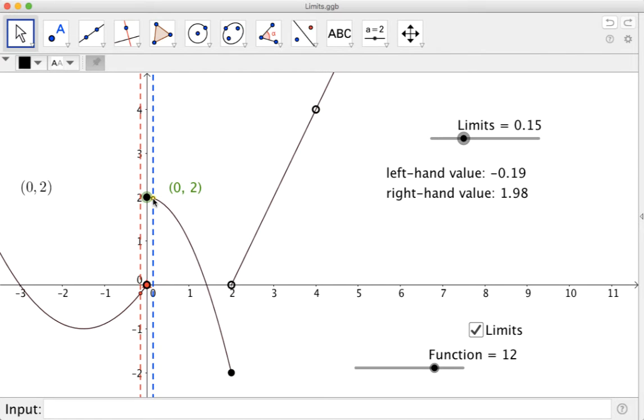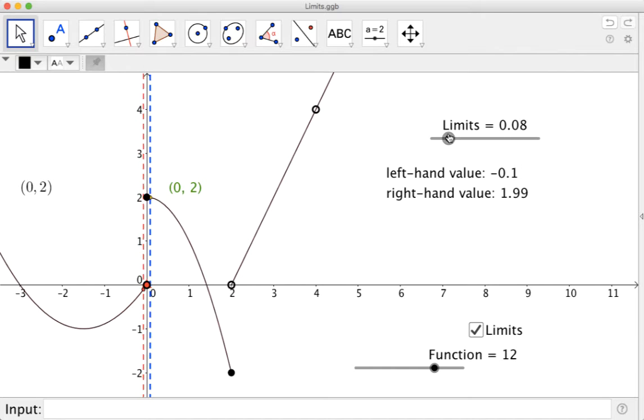So the yellow point here has a value of 1.98, getting closer and closer to 2. And the red point here has a value of negative 0.15, getting closer and closer to a value of 0. What that means is that the left-hand limit of this function at x equal to 0 is 0, the right-hand limit is 2, and what that means is that there is no general limit at x equal to 0 for this function.